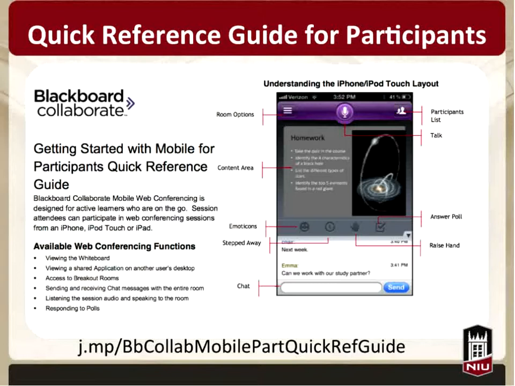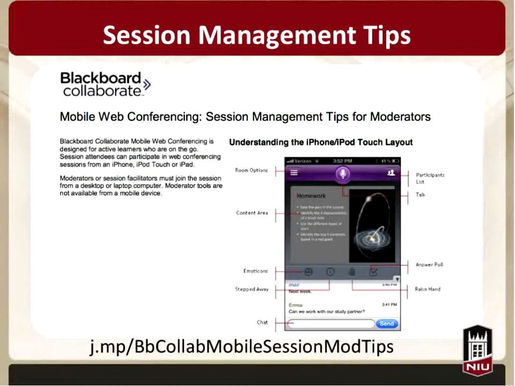It walks through a lot of what I just shared, but in a briefer, quick snapshot for the students. For example, here you can see an overview of the interface, pointing out the different buttons and what the students can do. Really a great little reference guide that you can point your students to.